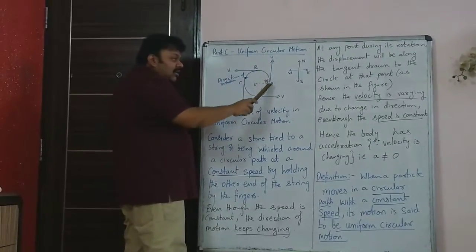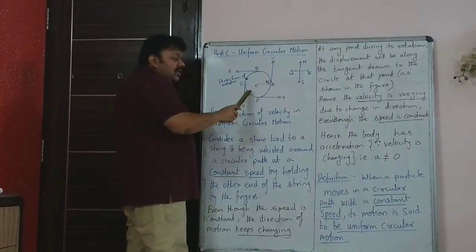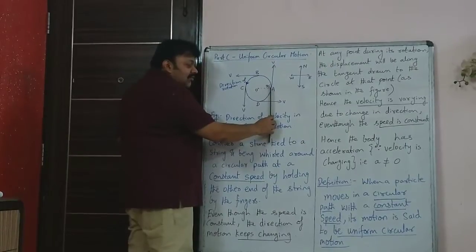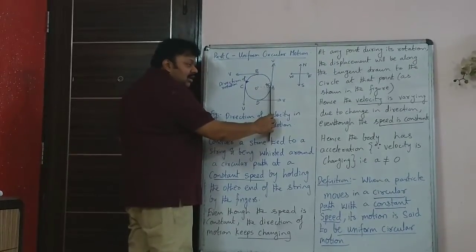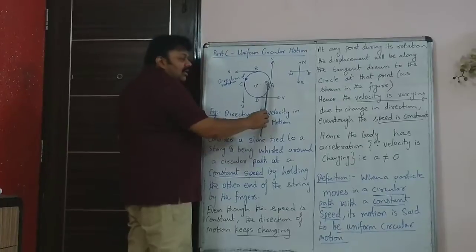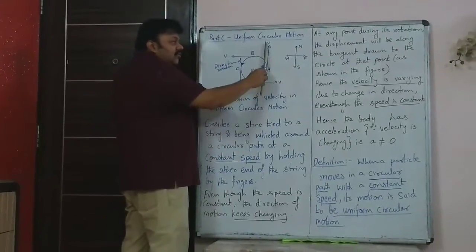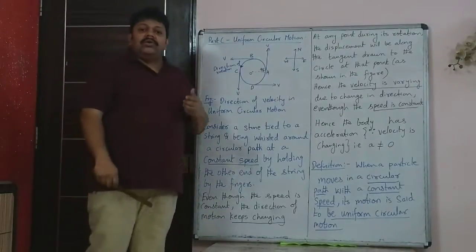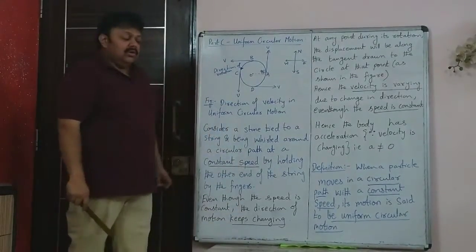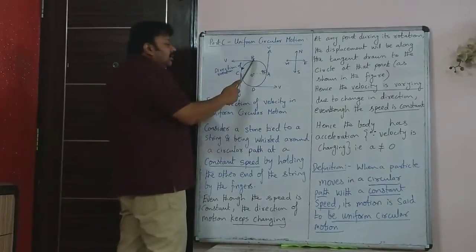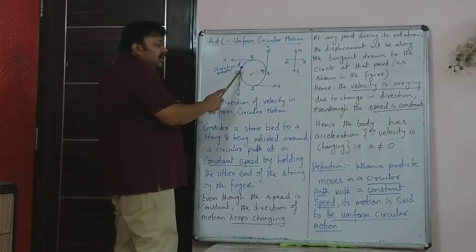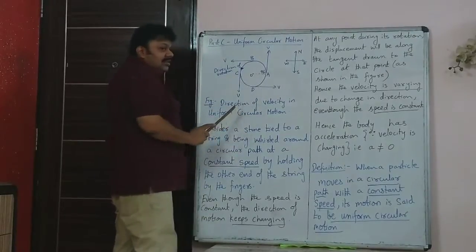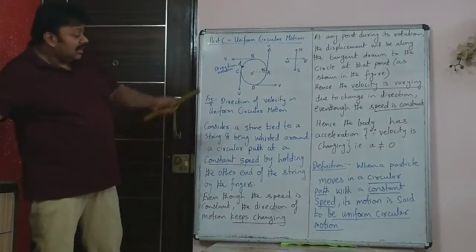Had the stone been rotating in the clockwise direction, then the direction in which the stone would have flung away would have been in the downward direction from A. So at any point during its rotation, if we draw a tangent to the circular path, that will give you the direction of displacement. So at point B, the displacement is in this direction. At point C, the displacement is in this direction.